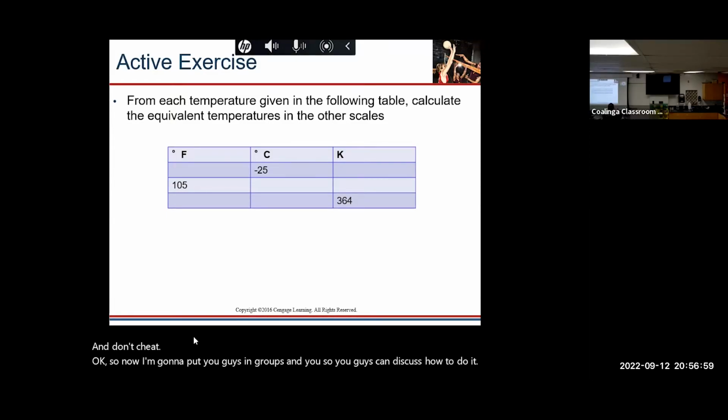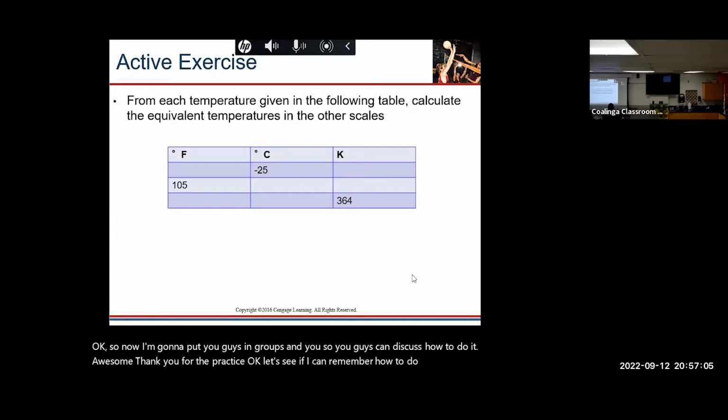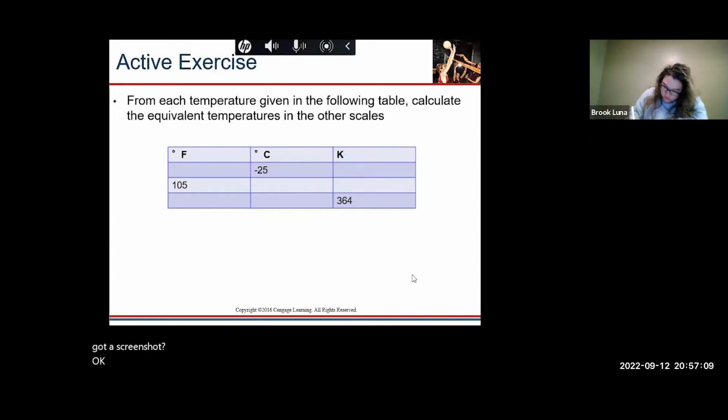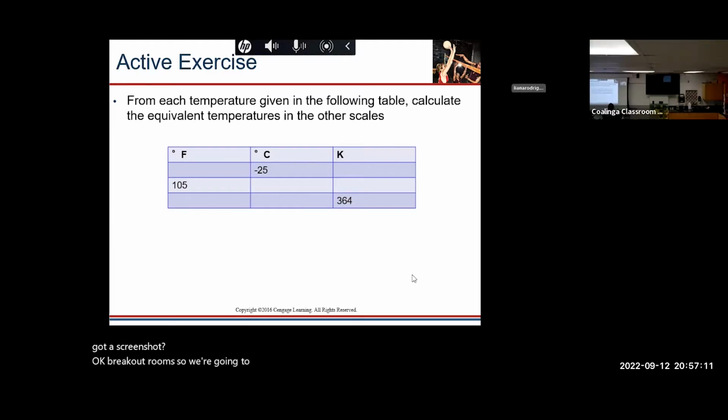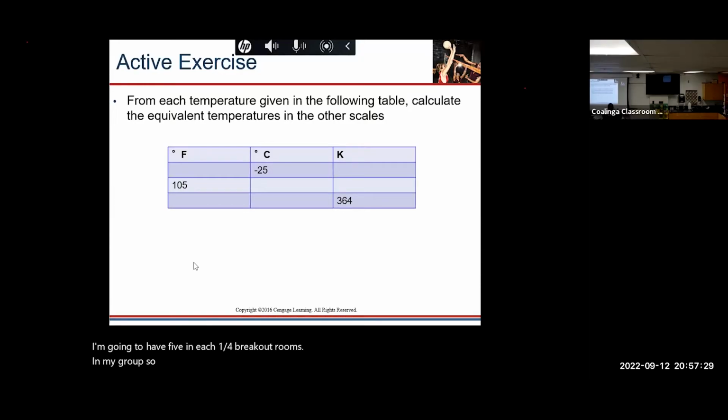Everybody got a screenshot? So we're gonna produce 4 breakout rooms. We have 5 in each one. I'll give you guys 15 minutes.